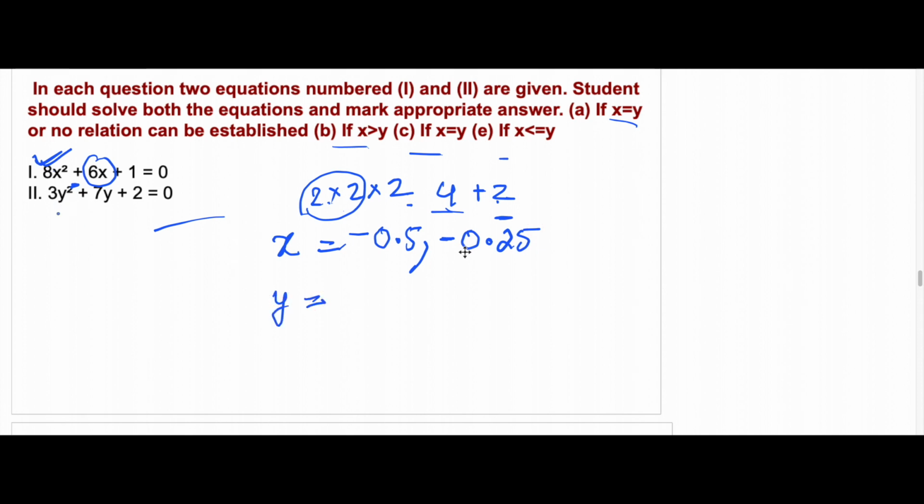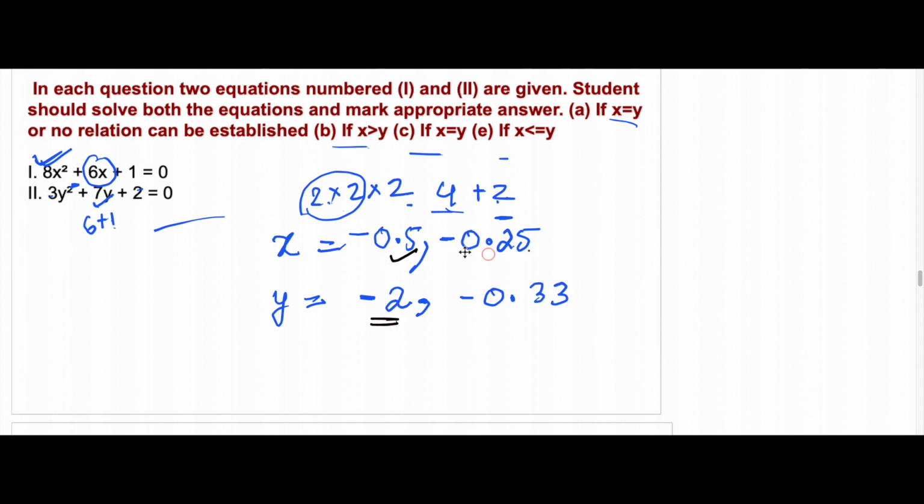y is equal to 3 into 2. So 6 plus 1. So minus 6 by 3, which is equal to minus 2. Okay, minus 6 by 3, because you have to just change the sign. And minus 1 by 3, which is equal to minus 0.33. Now let's compare.